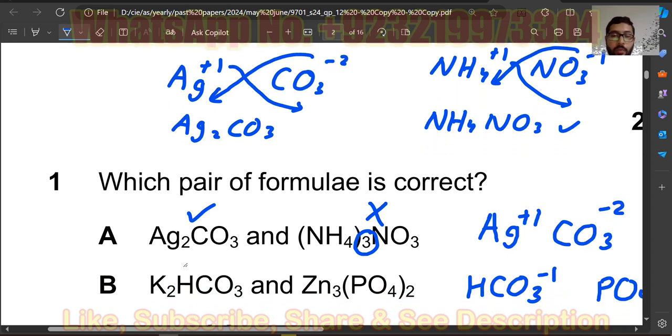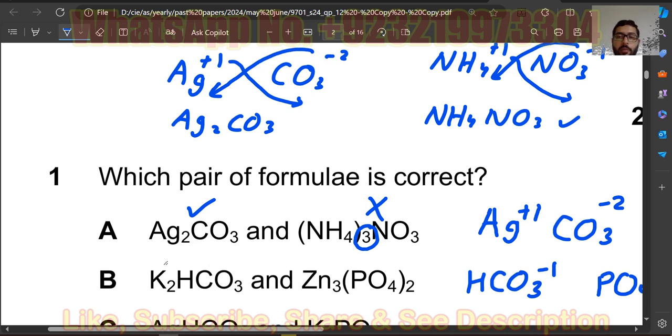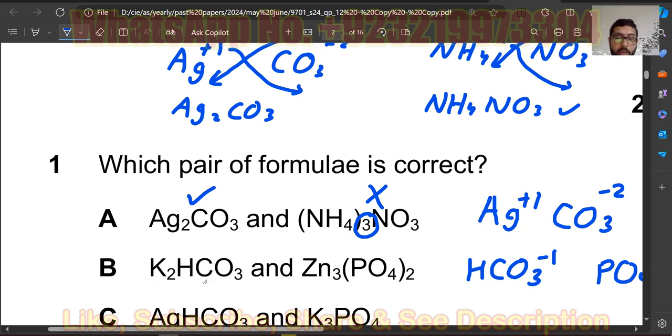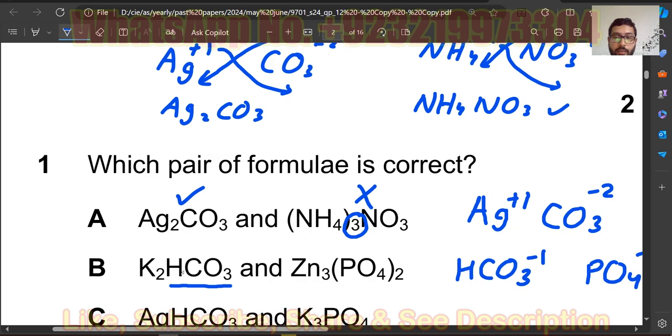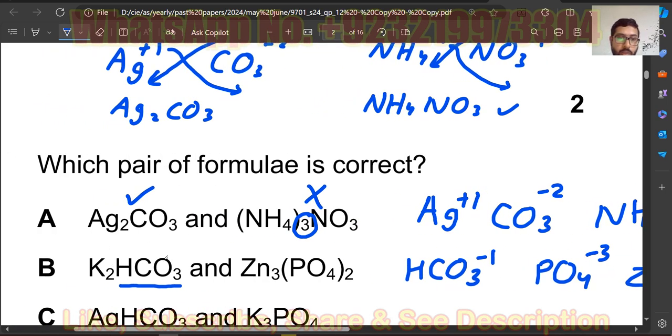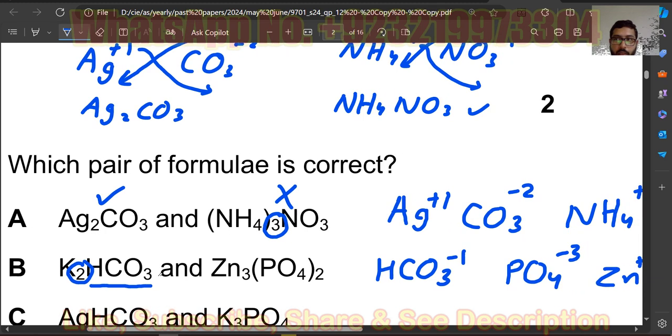Now moving to part B. It should be written as hydrogen carbonate ion, HCO3. Now HCO3, as we can see here, has -1 charge and potassium has +1 charge. So these will be cross multiplied, and as a result there should be no 2 over here. That's why this is considered incorrect.